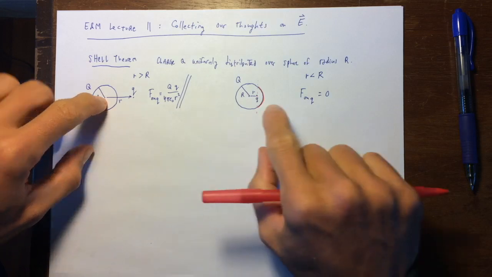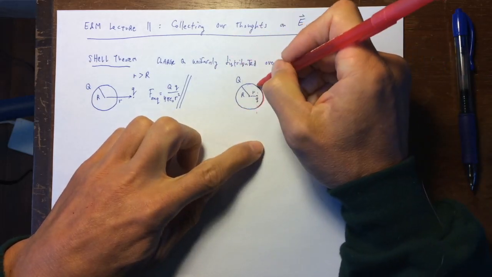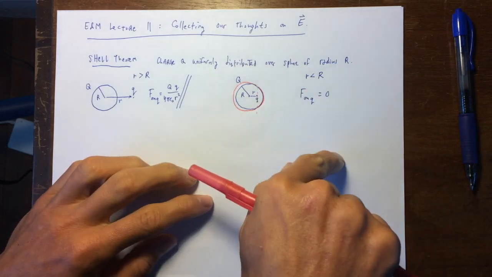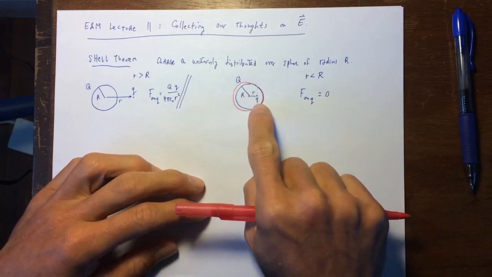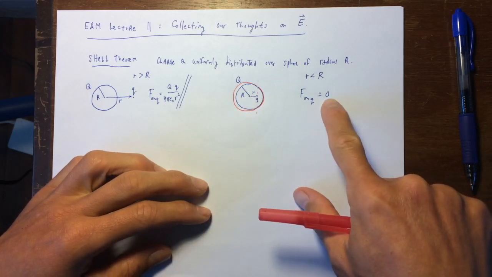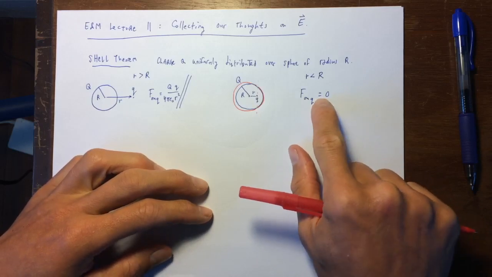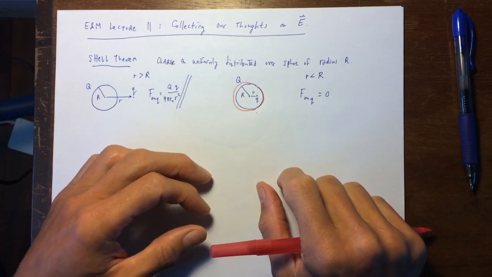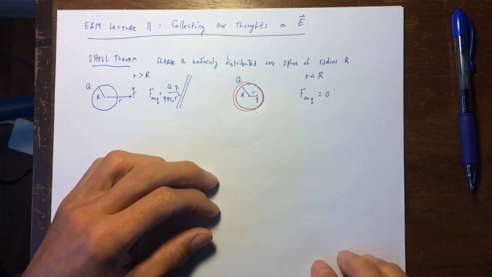In this case, this little dome will push to the left on lowercase q, and the rest of the dome will push towards the right with precisely the same amount of force, so that the net force on lowercase q by all of the charge distributed around the sphere just adds up to 0. The fact that it adds up to 0 is the special thing. It's got to do with Coulomb's law, the fact that Coulomb's law is a 1 over distance squared law. It's an inverse square law.